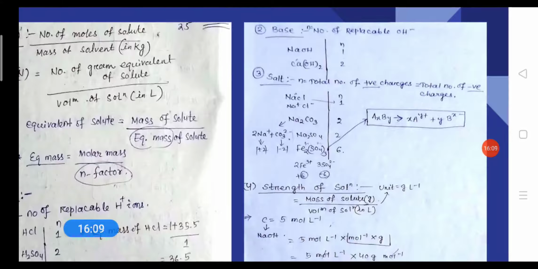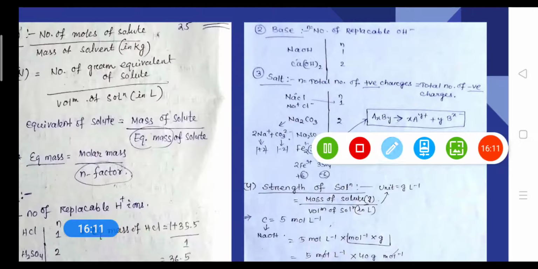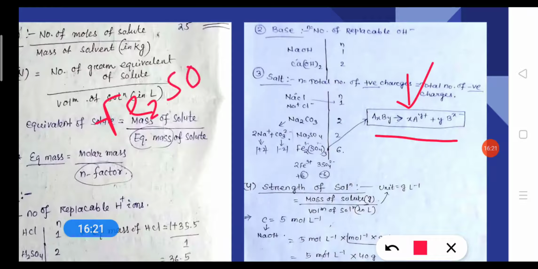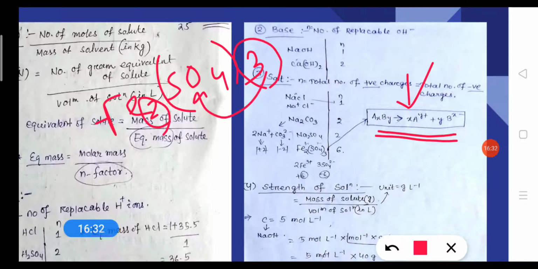In Fe2(SO4)3, how can you calculate the n factor? With the help of this formula, all can be calculated. Fe2(SO4)3, we have to reduce it into this formula. The 3 here means 3 SO4, and 2 Fe means 2 Fe ions.